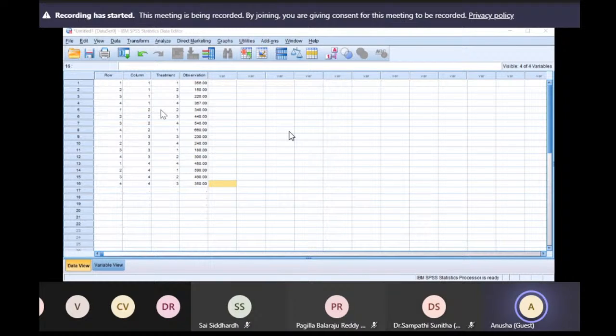Actually, I'm taking a new data set. Okay. The processor is ready.